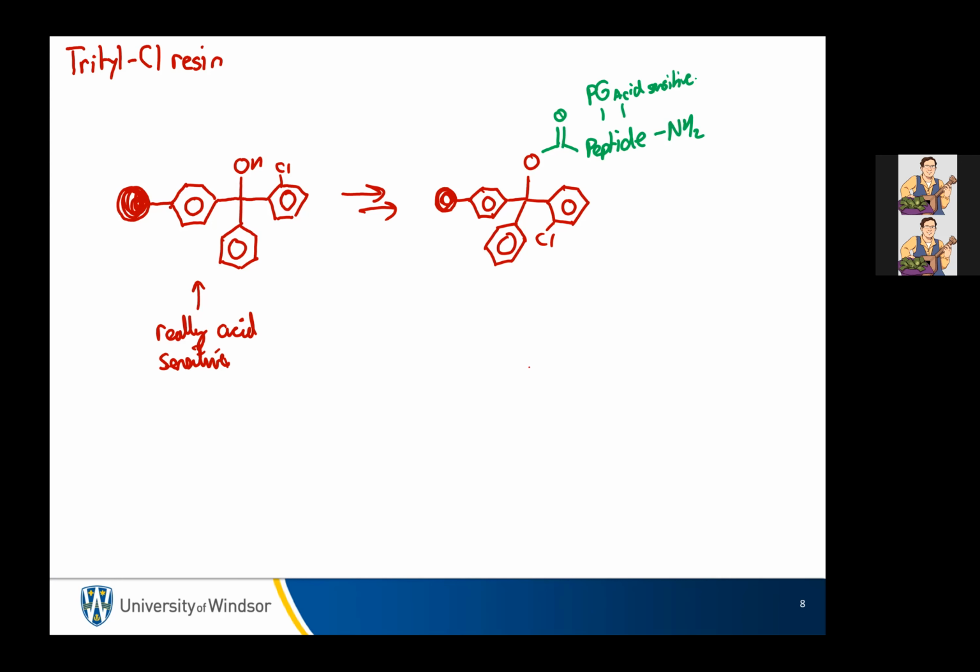So we have acid-sensitive protecting groups on our peptide. And then what we can do is we can actually very gently treat this with a really weak acid.